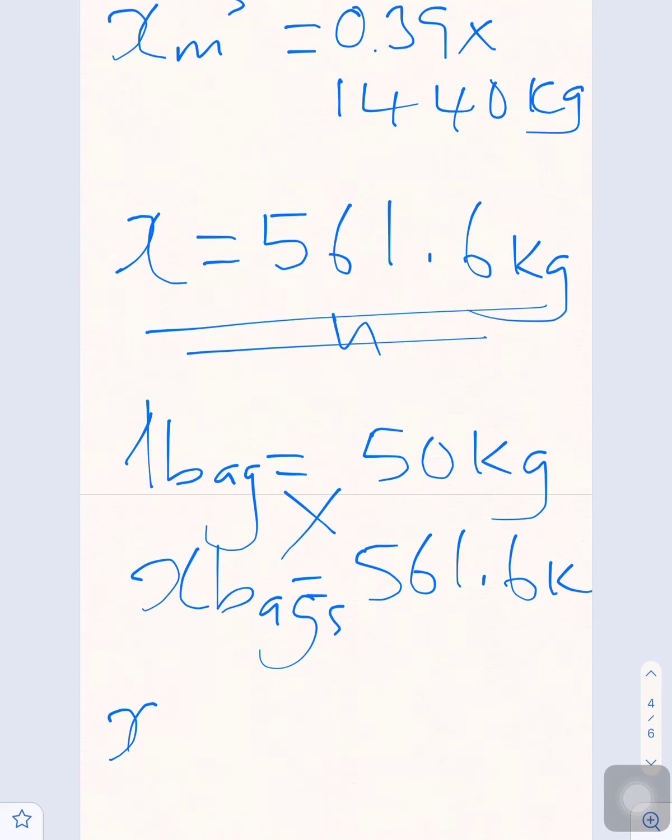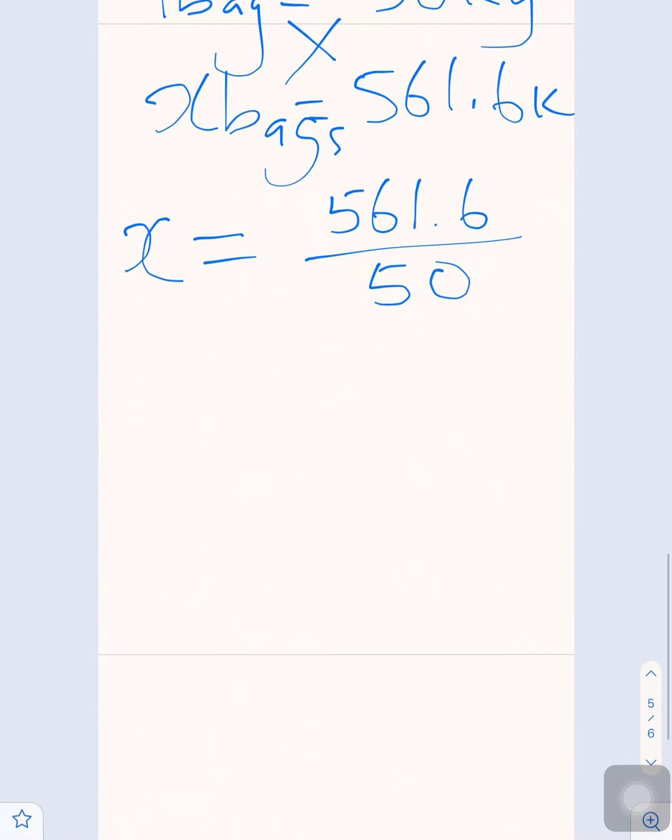And so we have X number of bags, unknown bags, which will lead us to 561.6 divided by 50 kgs. So how many bags?